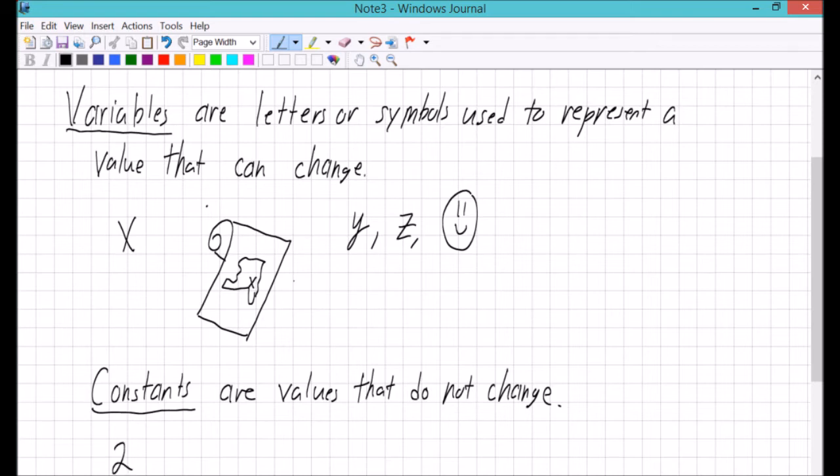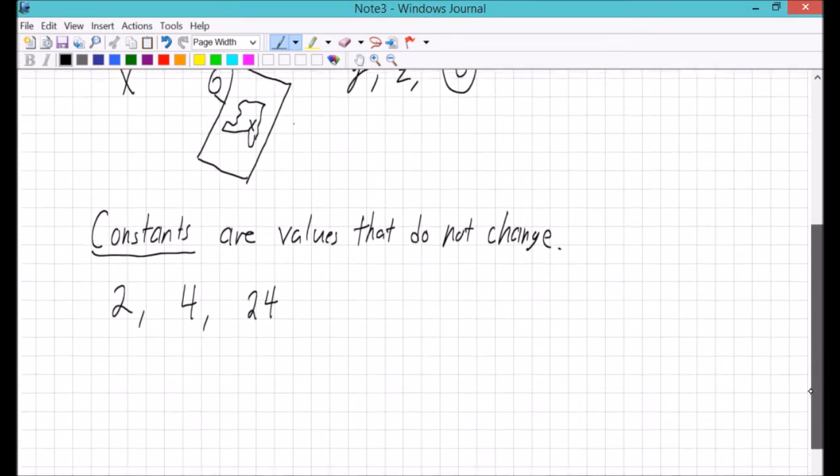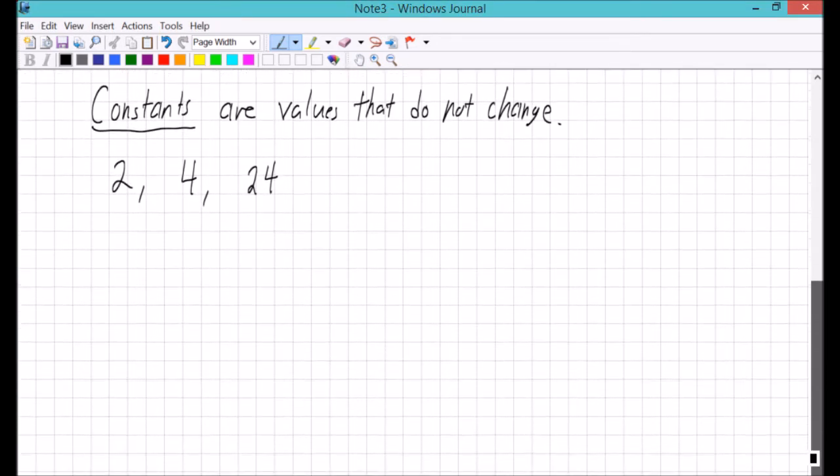Because 2 doesn't change. It might become 3 if you add 1 to it, but on its own, it's going to forever remain 2. Another example of a constant would be the number 4. Again, 4 doesn't change, it just remains 4. Another really common constant is 24, because it is an awesome number that represents how many hours you have in a day. So constants are values that don't change.